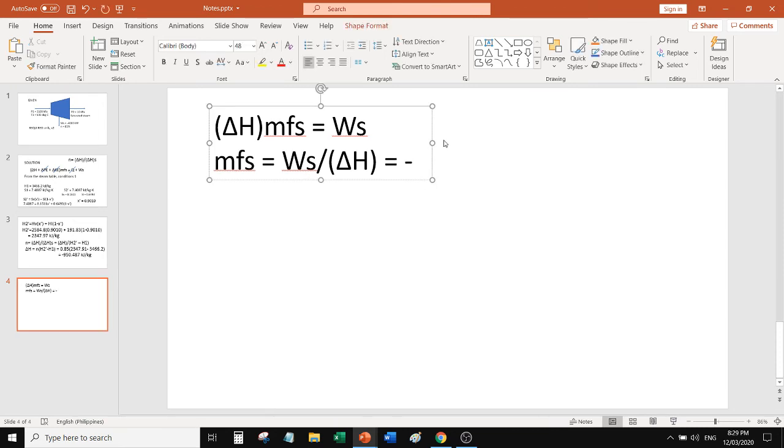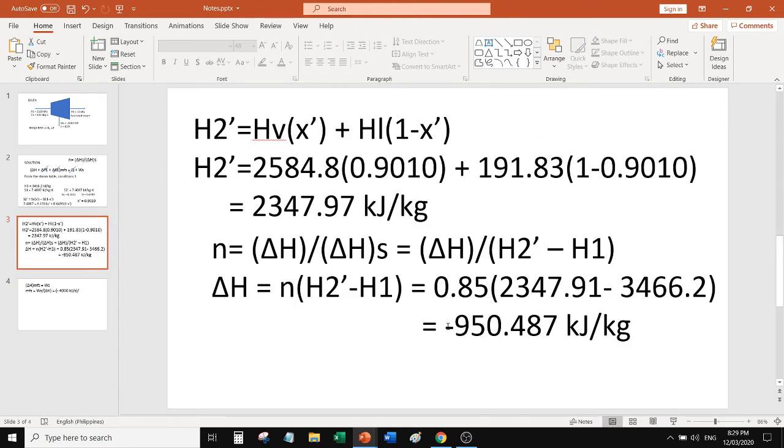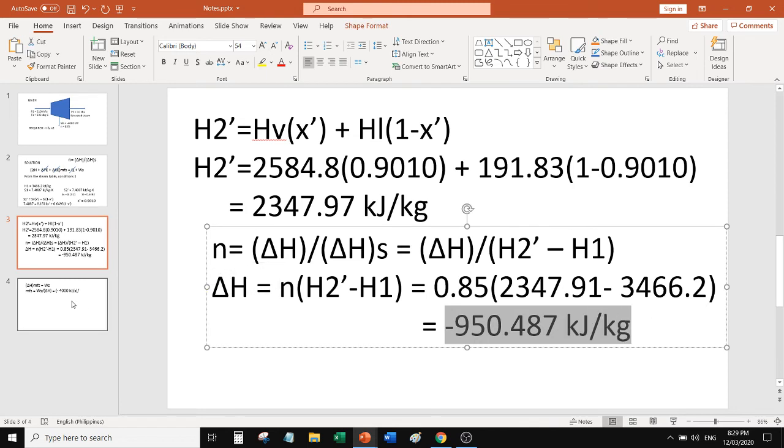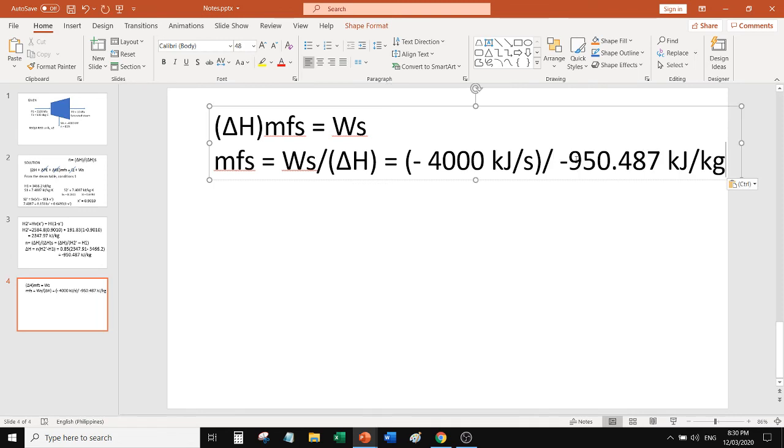So, negative 4,000 kilowatts, in other words, kilojoules per second. Then, idi-divide mo yan sa delta H actual na nakuha mo kanina, na negative 950. Ano ang magiging unit?